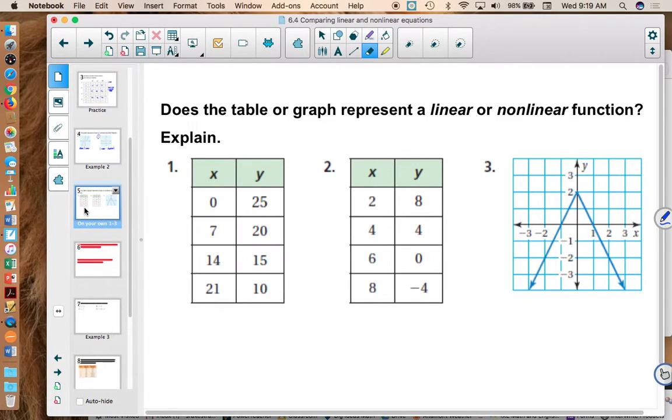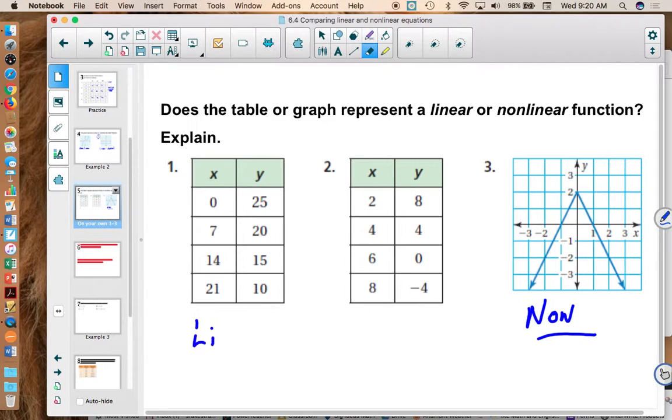Now, we've got to be able to tell the difference whether we have a graph or a table. It's easy to see on number 3. Is number 3 a linear equation? No way. It's easy to see. So this one's non. What about tables 1 and 2? Are they linear? Glenn, number 1 is linear?